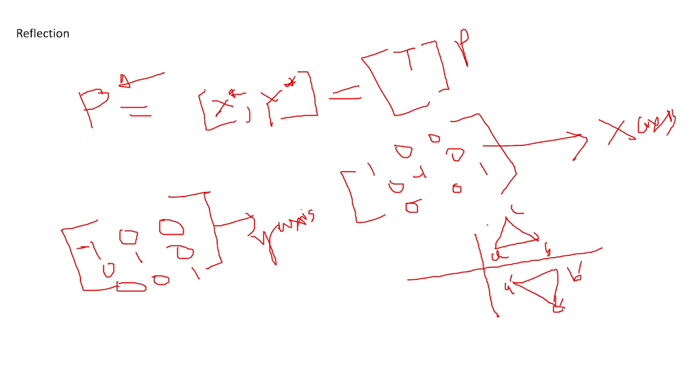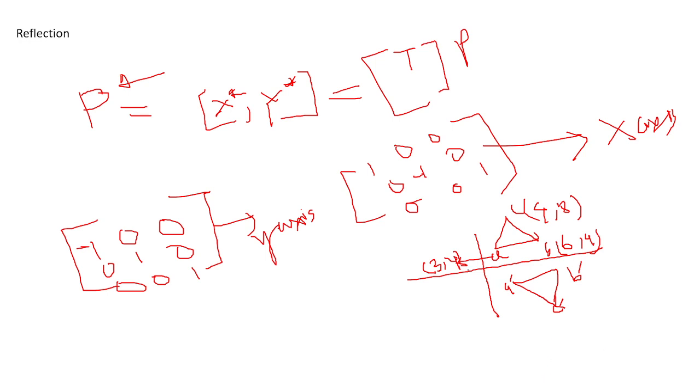So the points are C is 4 comma 8, B is 6 comma 4, A is 3 comma 4. Now you solve the question: find the reflected position of the triangle.